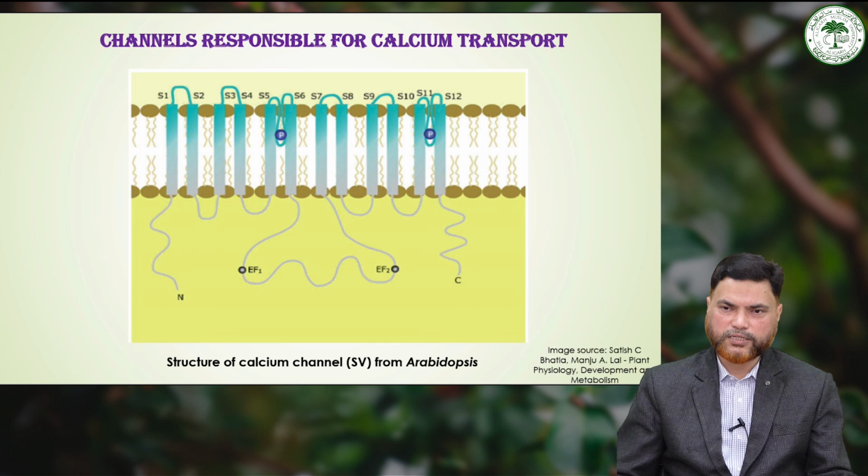This difference in the concentration of calcium creates a calcium gradient between the external environment, that is soil, cell wall or vacuole, and the cytosol, which allows calcium channels associated with the plasma membrane and tonoplast to efficiently transport calcium ion into the cytosol.